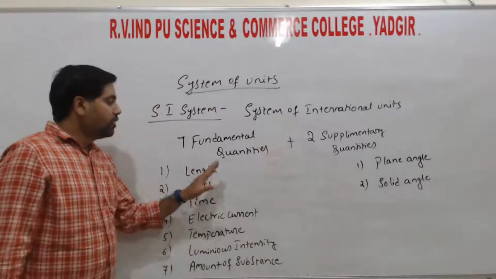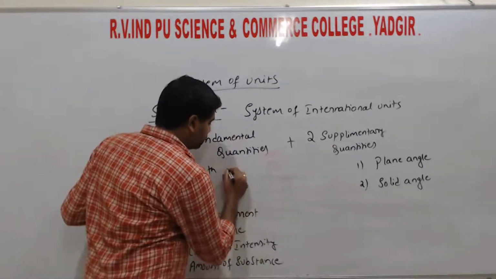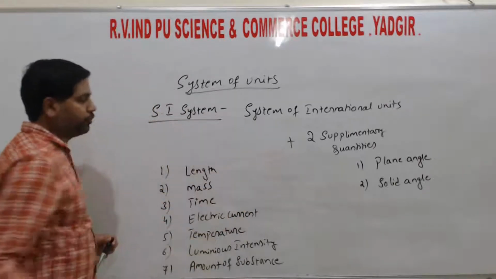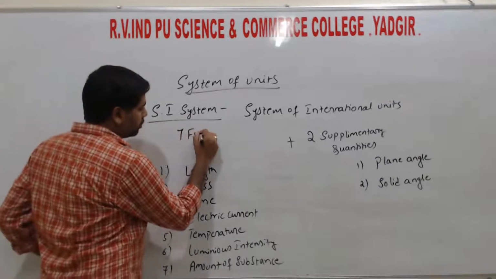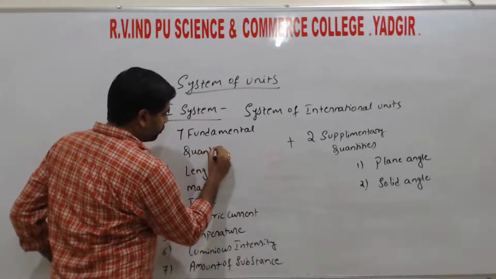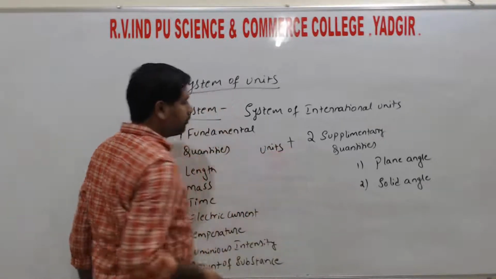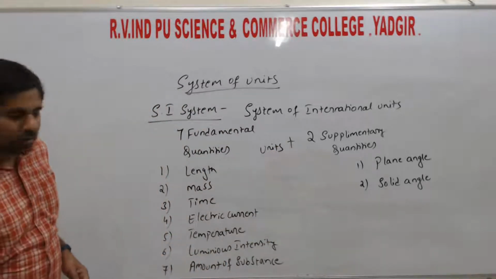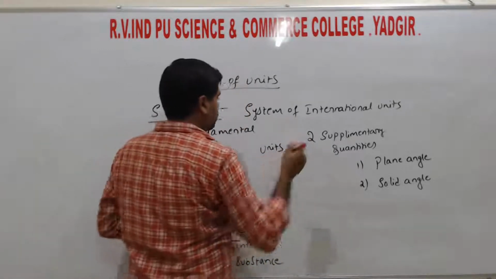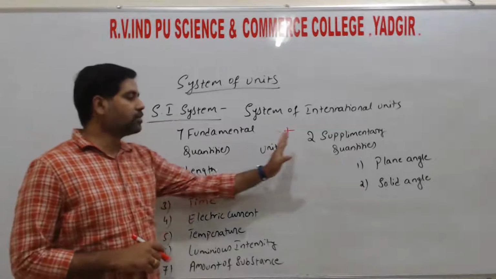So we write the fundamental units for these 7 fundamental quantities, plus two supplementary quantities, and for those we have supplementary units.